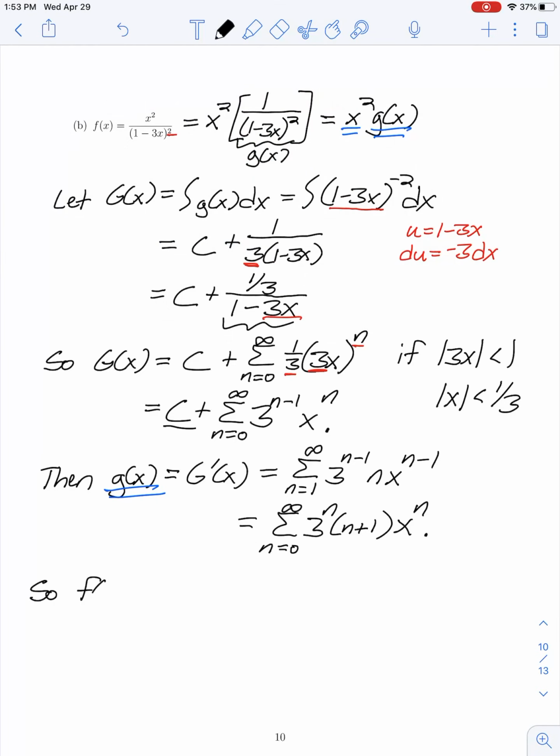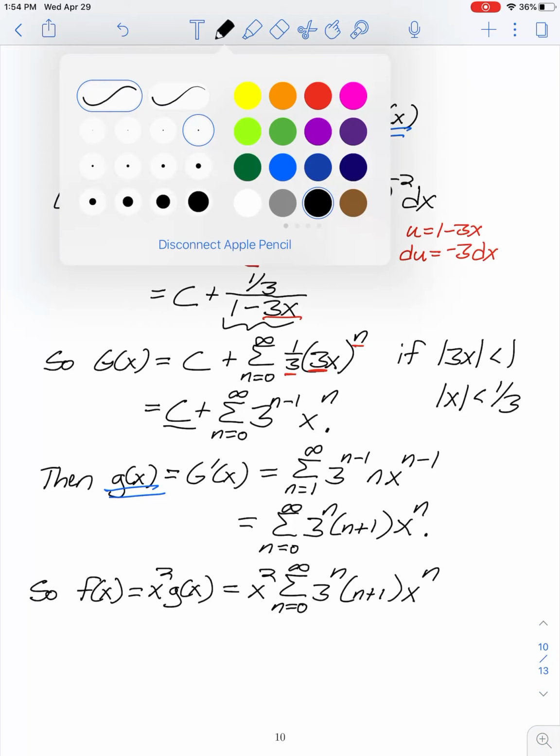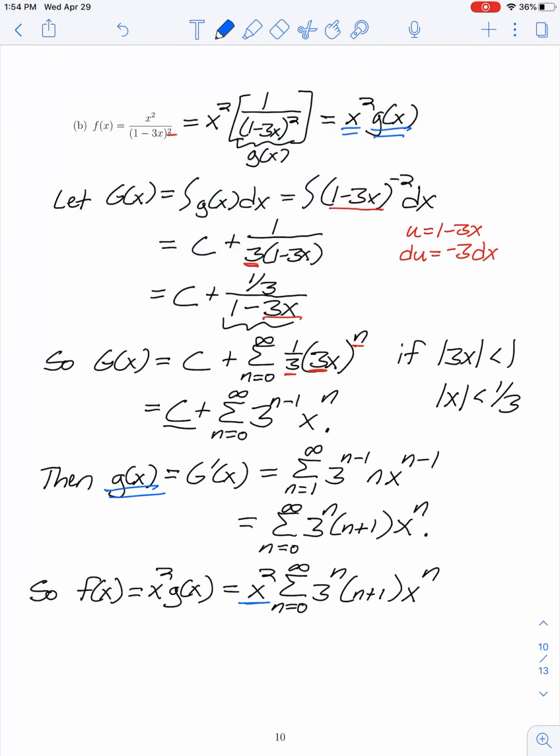Here, f of x is given by x squared times little g of x. So that is x squared times this power series that we just found for g of x. So what I can do here to simplify is take this expression for x squared and distribute it through to my series.